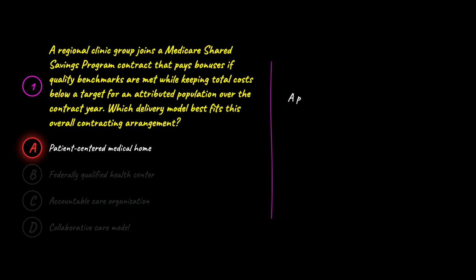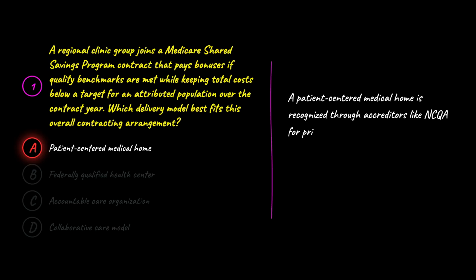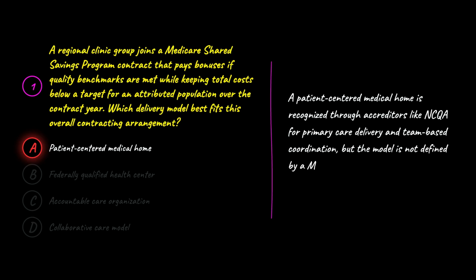A is wrong, because a patient-centered medical home is recognized through accreditors like NCQA for primary care delivery and team-based coordination, but the model is not defined by a Medicare shared savings contracting arrangement.